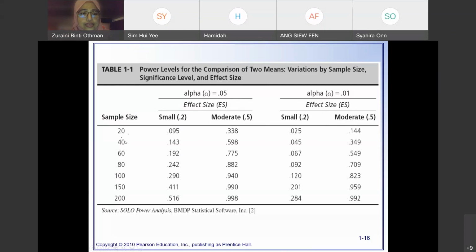But when we increase the sample size, this value also increases, until we reach 200 and the value keeps increasing. Okay, that's the effect of the sample size on the power level.